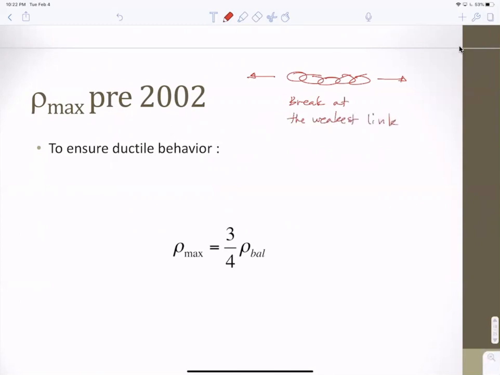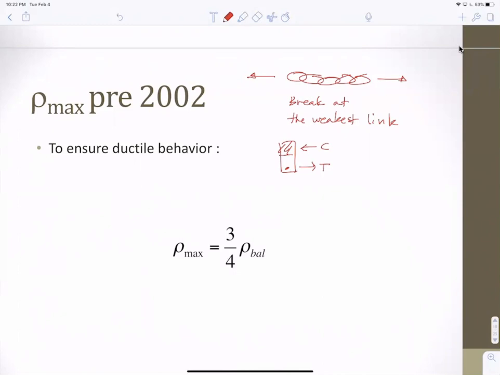You can think of a concrete beam as having two links, compression and tension. And you want the tension to break before the concrete. You want to make the steel the weakest link, because when steel breaks, it stretches and deforms. But when concrete breaks, it just explodes.